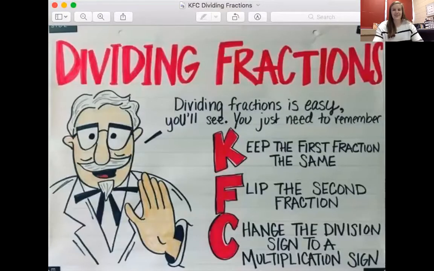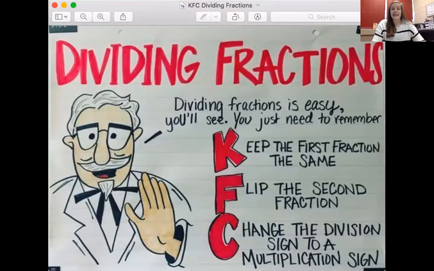So, the first thing I want to teach you is KFC, which is going to be our little acronym that's going to help us remember how we can divide fractions. I'm going to put this little diagram on the board. When we are dividing fractions, we're going to think of KFC, and it might help you remember Kentucky Fried Chicken, right? I'm sure a lot of y'all have been to KFC.